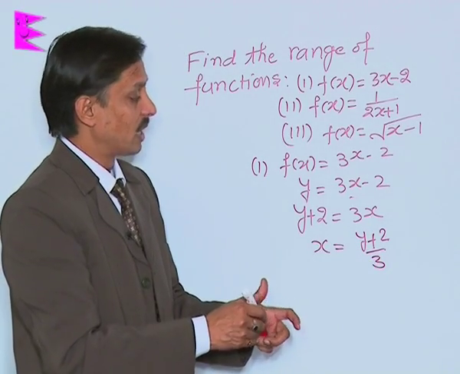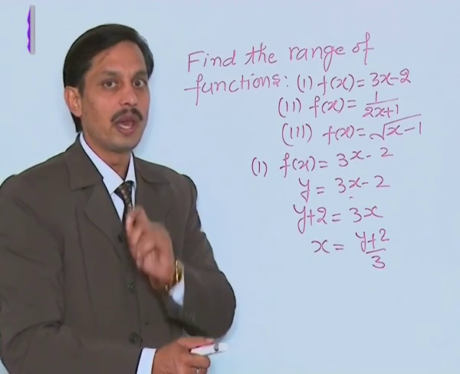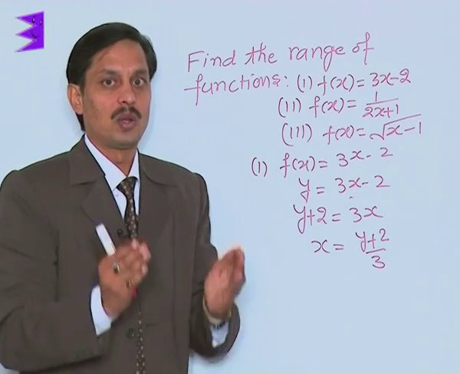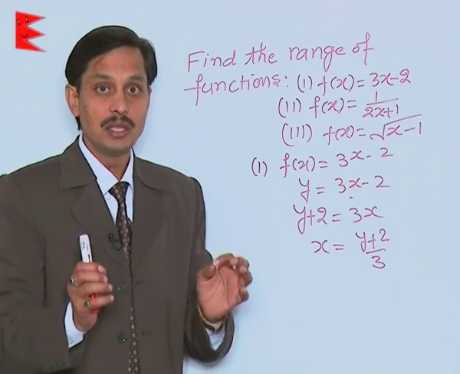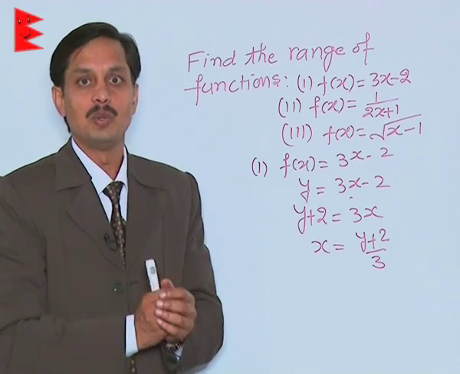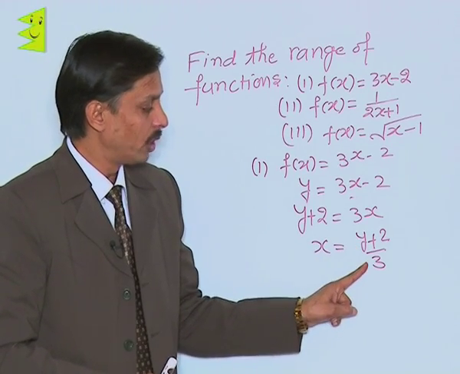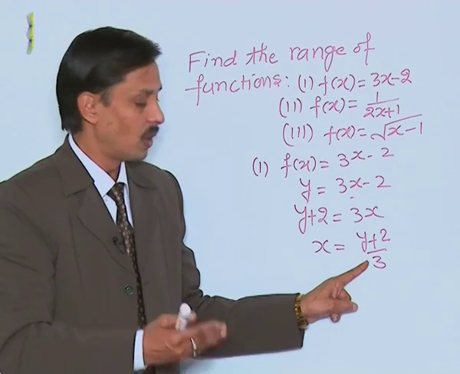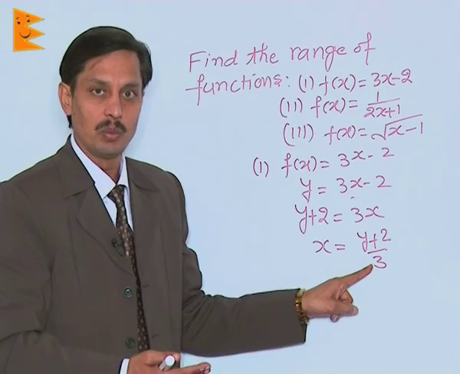Now, the possible values of y are known as the range, because the domain is the set of all possible values of x and the range is the set of all possible values of y. Here there is no denominator which can be zero, because there is no variable y in the denominator.